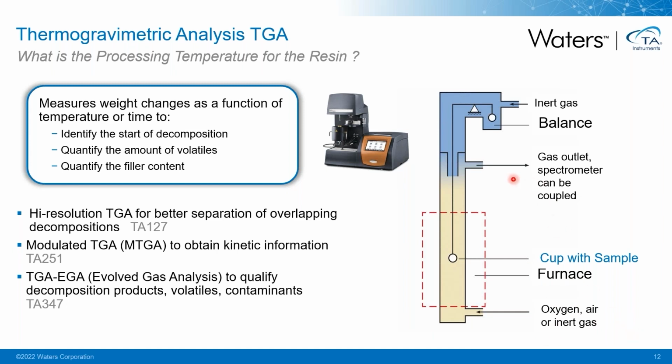If we want to, we can couple a spectrometer at the outlet to qualify the decomposition products or the volatiles or the contaminants in the material. There are also some other specialties associated with TGA, like the high resolution option that allows better separation of overlapping decompositions for multi-component materials, or modulated TGA that allows us to obtain kinetic information.